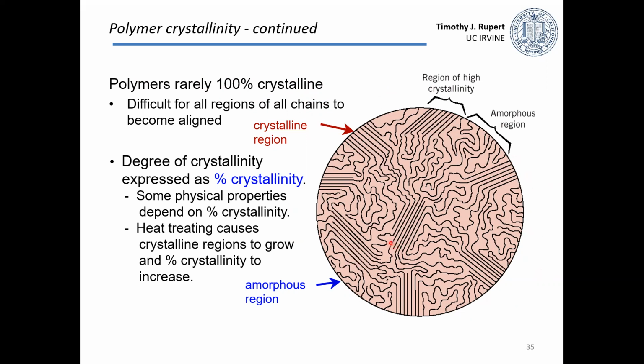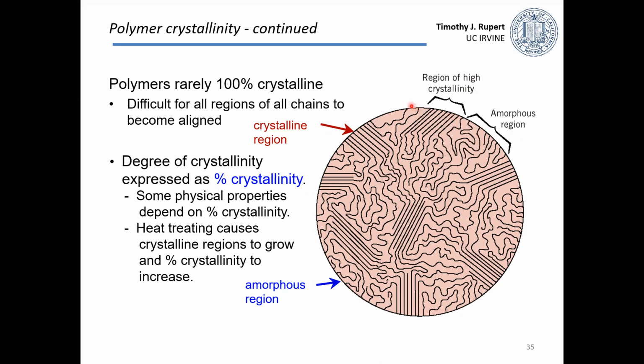In this case, you can find regions where the polymer chains are aligned, and you would call this region right here crystalline. But nearby that, there's going to be a region where it's not aligned, and we're going to call this an amorphous region. This is a disordered region. So we're going to have these regions where we have high crystallinity and then very low or an amorphous region.